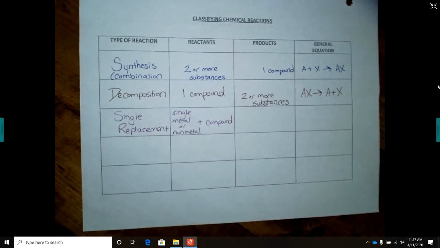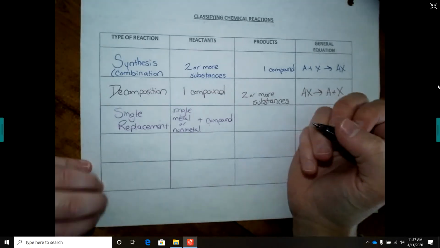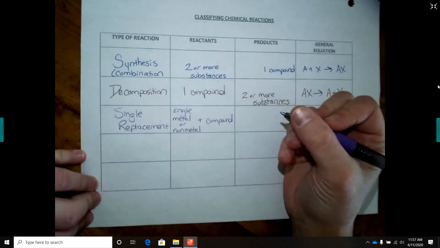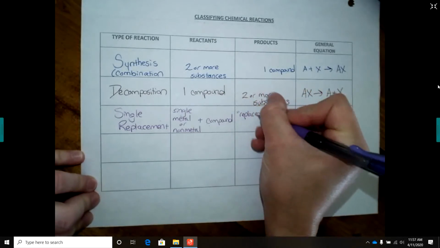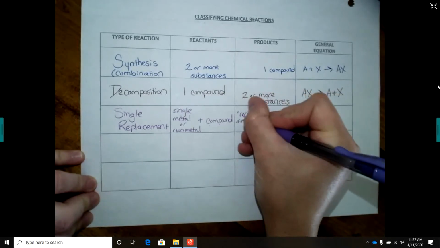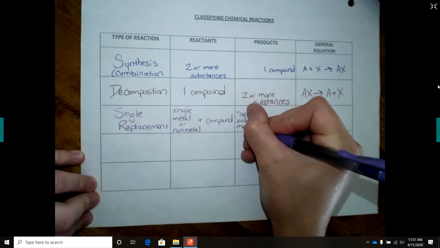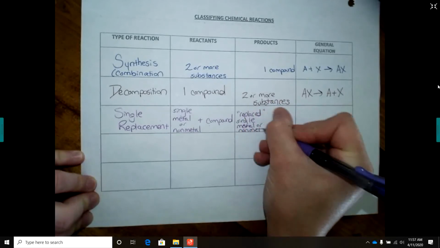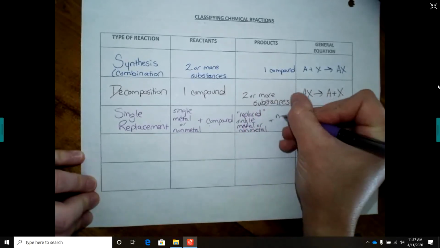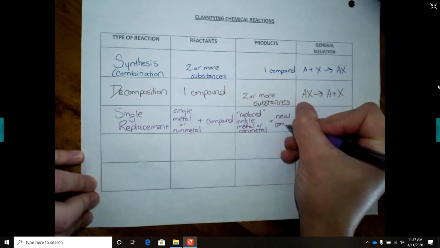And then on the product side, what happens is that single metal or non-metal takes the place of something within that compound. And now you have a replaced single metal or non-metal plus a new compound.